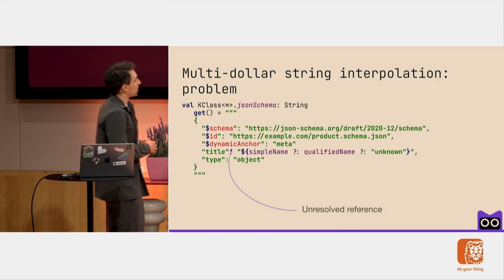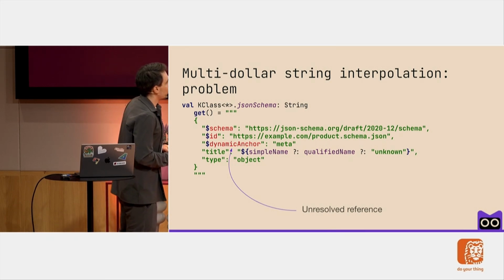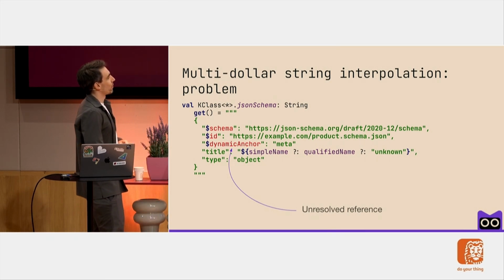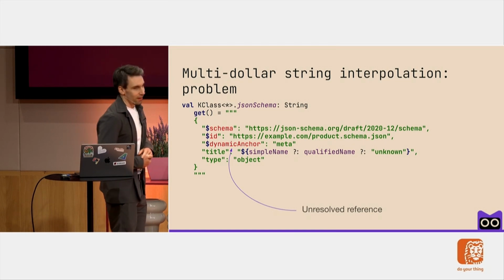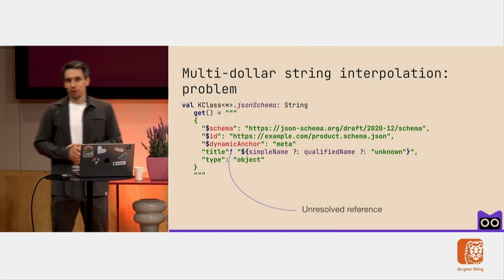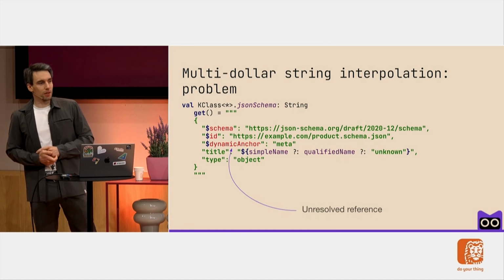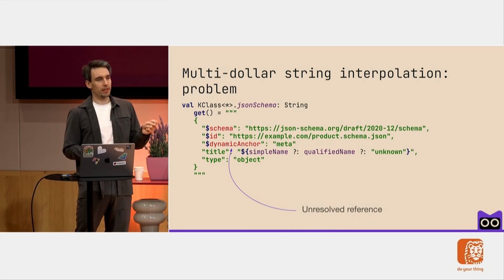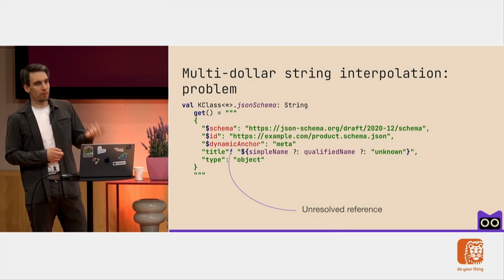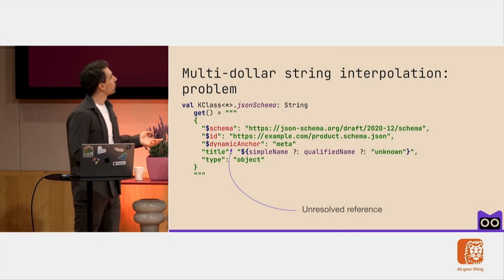Another feature which is quite a small one, but a very nasty one, is multi-dollar string interpolation. The problem is that in Kotlin, we have this feature called string interpolation, where you can use the $ sign to refer to variables and parameters of your code.